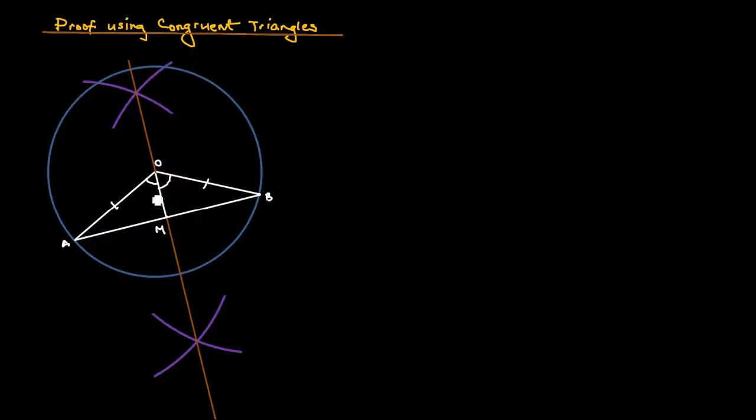So we're going to use that last one, side, angle, side. And why is that? Because we've got a common side. So we can say OM is common, so that gives us these two sides must be the same because they're common.